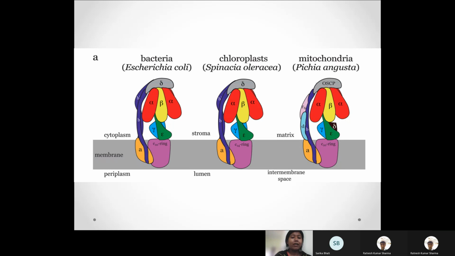But if you reduce the levels of ADP, Pi and ATP, then the activity would be different, and that is regulated by the alpha subunit. It's a very recent study.